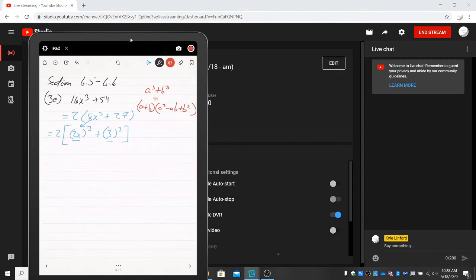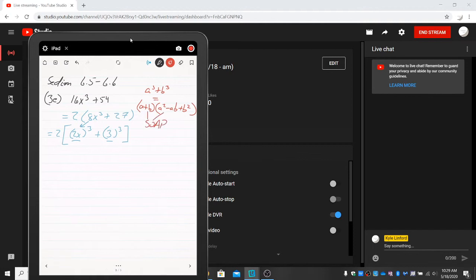What you have here is the form for the factored version of the sum of cubes. First off, you should know what a and b are. You should know what values are being cubed, because then you're going to add them together, then square the first one, subtract the product of the two, and then add the last one squared.